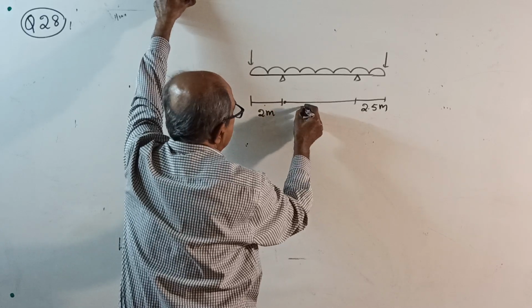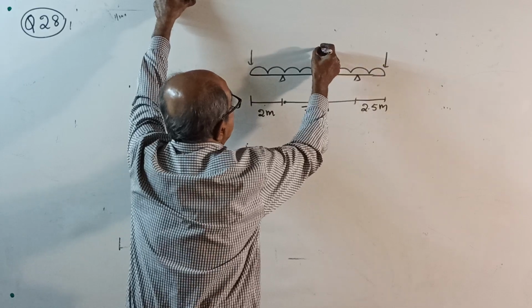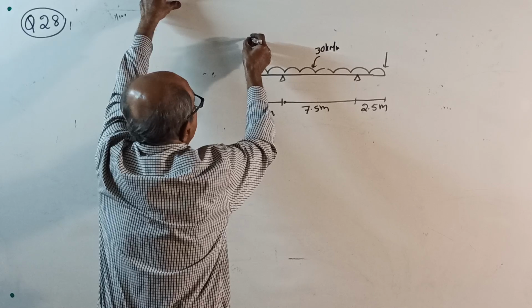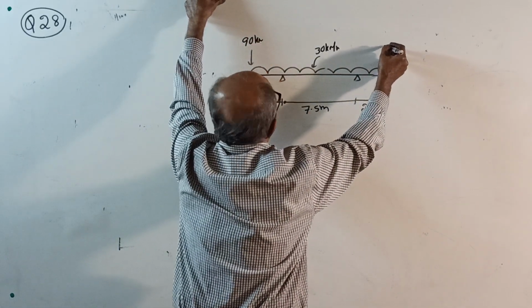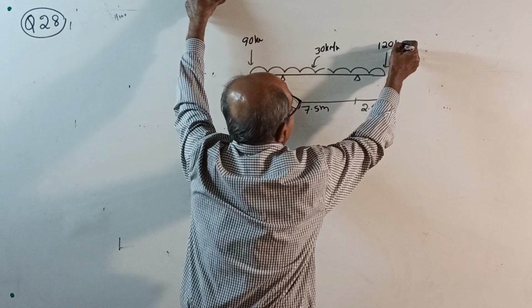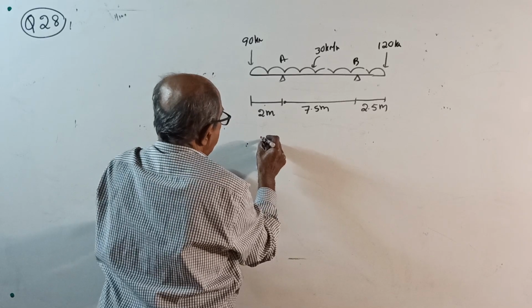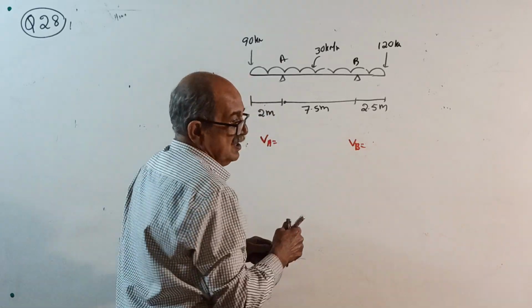This is 7.5 meter. UDL of 30 kilonewton per meter. This is 90 kilonewton. Here 120 kilonewton. A and B, solve the question, get VA and get VB. Simple question, no other loading.